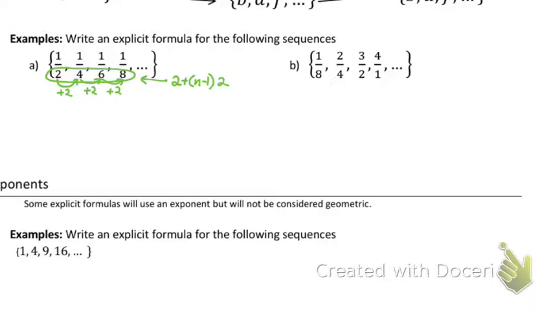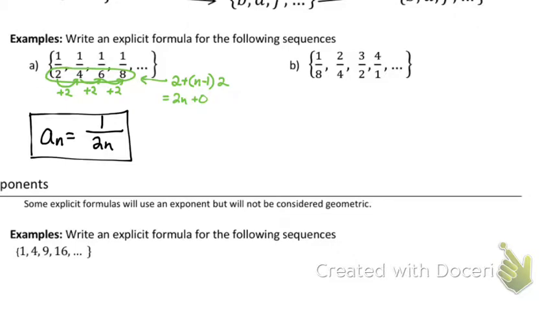Once I simplify that, I guess we could simplify it right here, that would just be 2n. 2 times -1 is -2 plus 2 is 0, so that would be 2n plus 0. So our end equation is just 1 in the numerator. The numerator is always 1. In the denominator, we're going to have 2n.